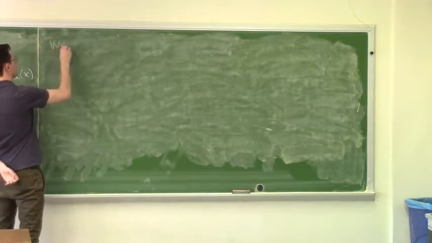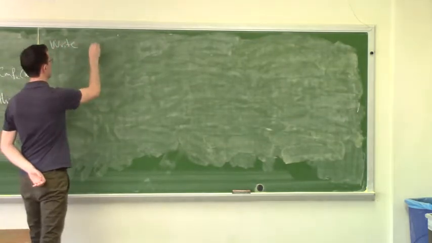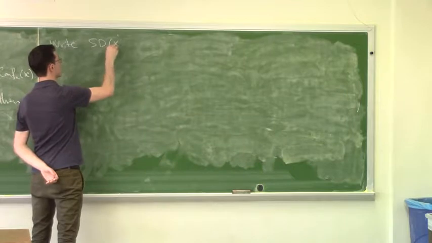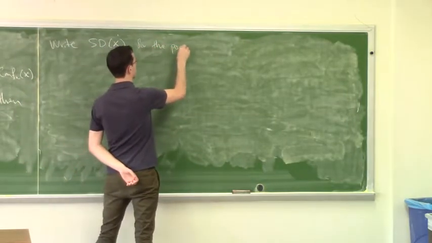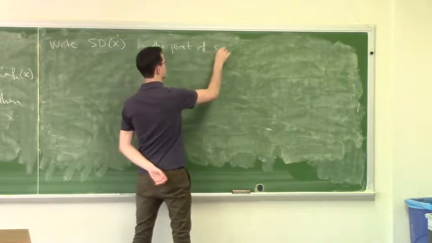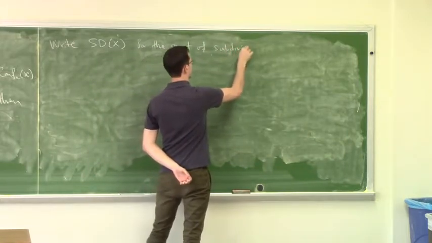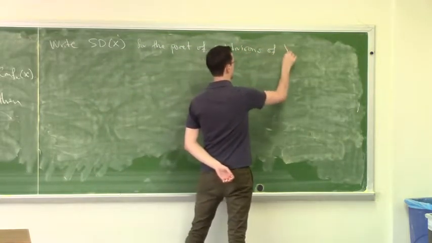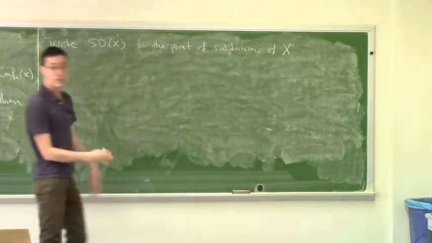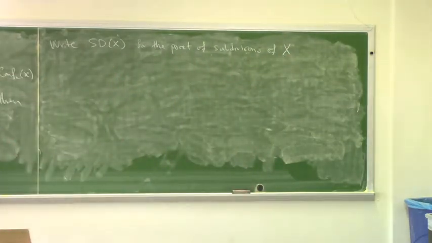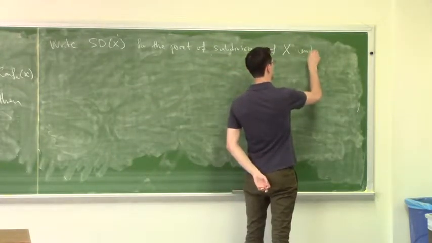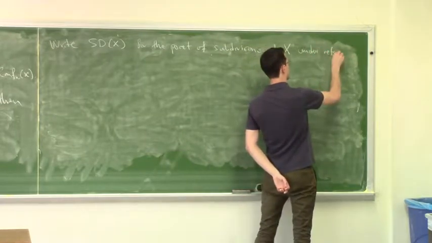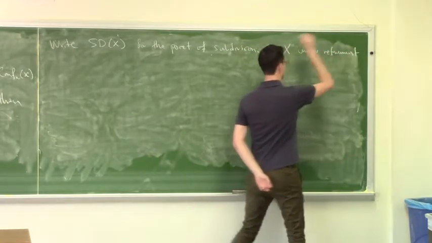Okay, so let me write SD of X for the partially ordered set of subdivisions of X. I have a CW complex, I can just cut up the cells into smaller pieces and call that a subdivision of X. And that's a partially ordered set under refinement of subdivisions.